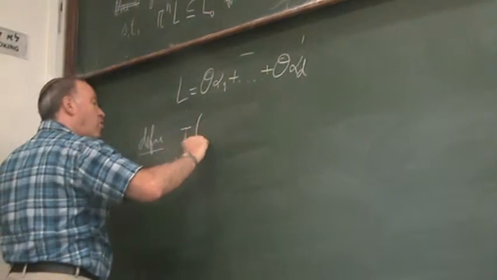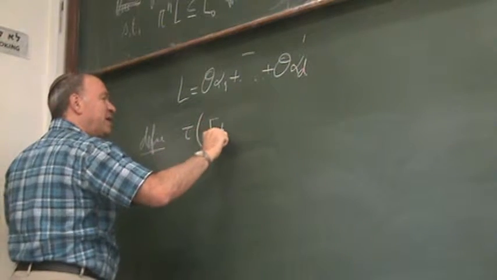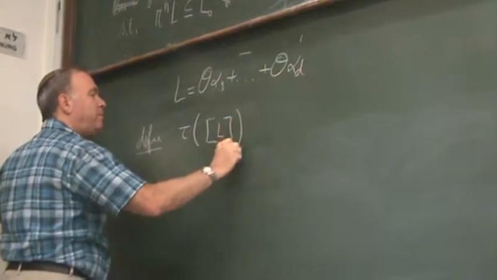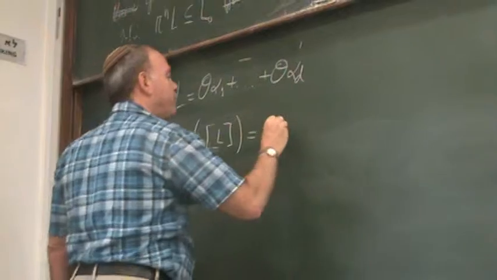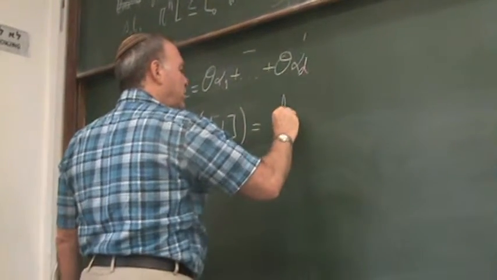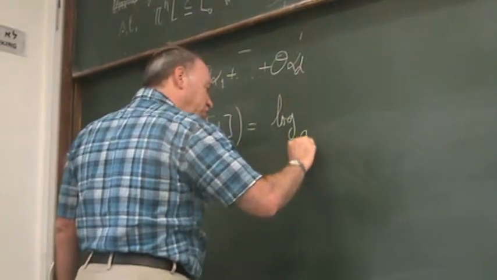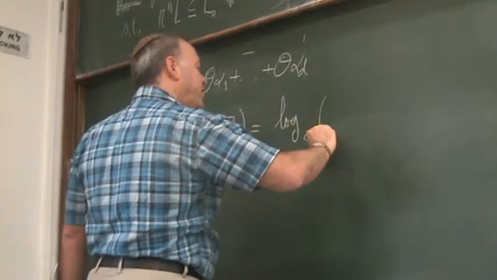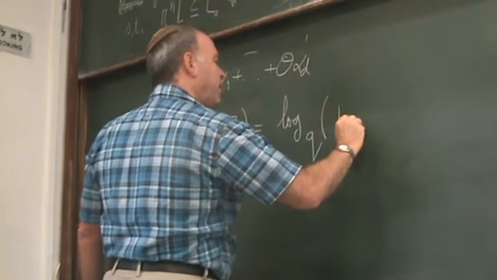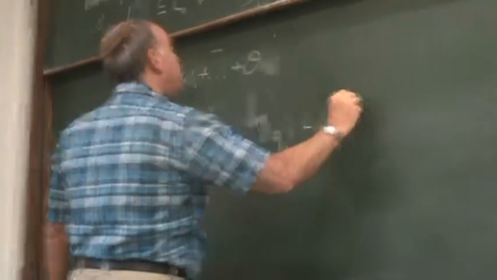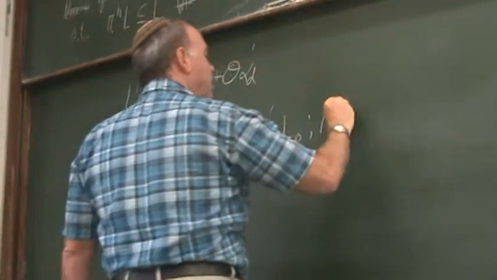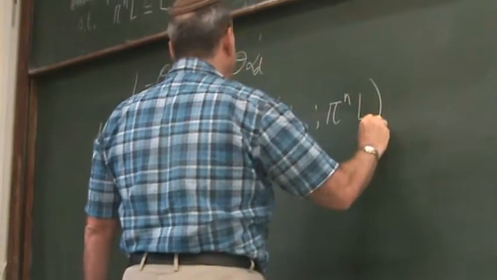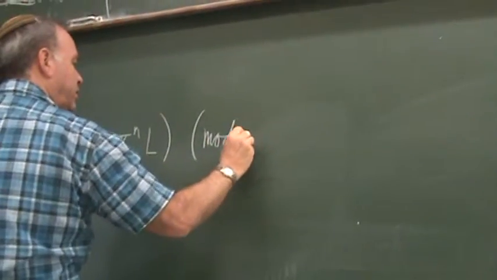And then let's define tau of the equivalence class of L to be log to the base q of the index of L0 in this pi to the n L, mod d.